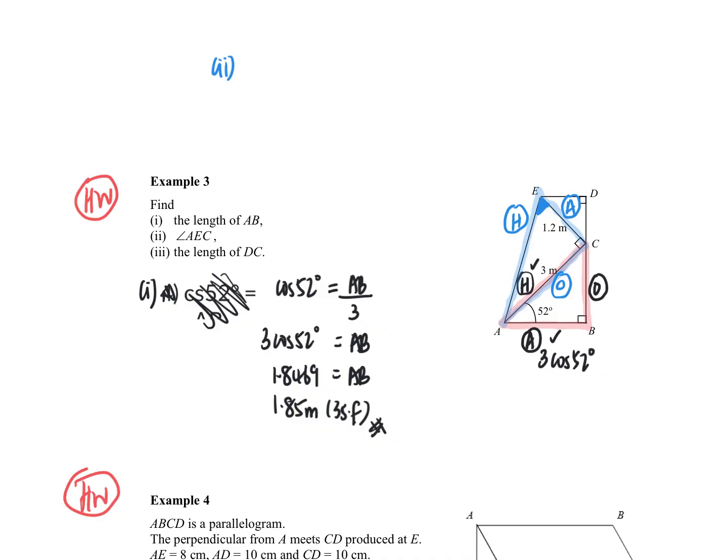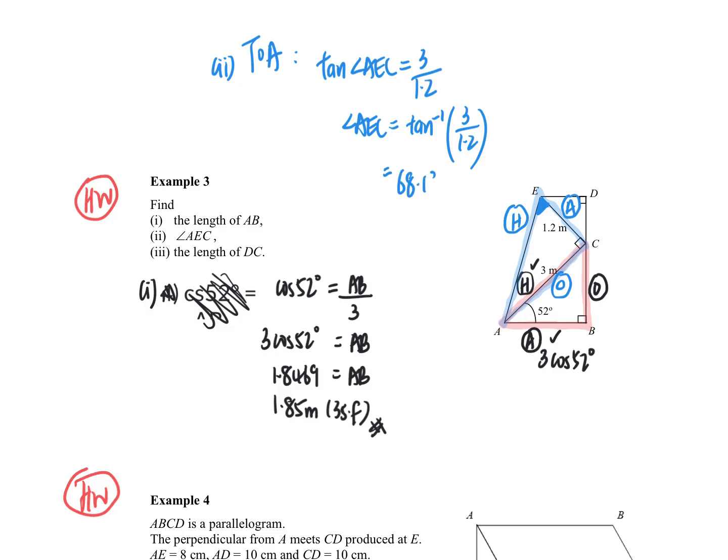O and A. TOA. So tangent of the angle AEC is opposite over adjacent. So in order to find the angle, you do a tangent inverse. Okay? So answer? 68.198. So 1 dp 68.2. So if you want, you can label it.